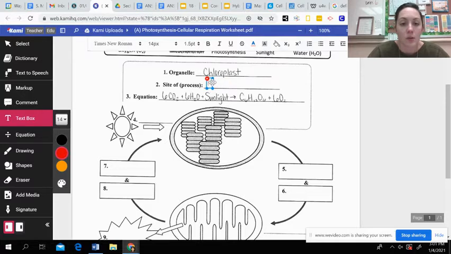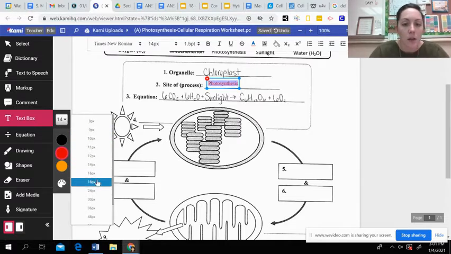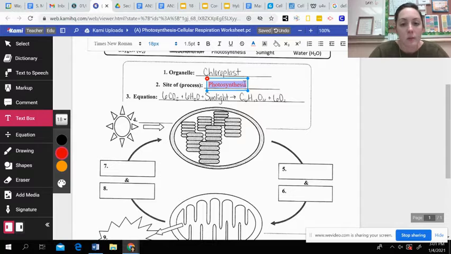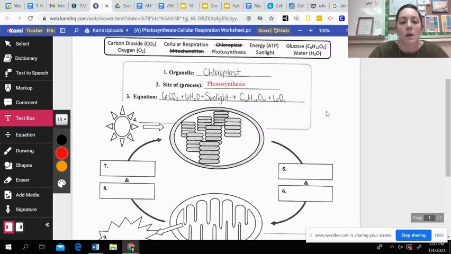So we're just going to put a little text box here, and I'm just typing in photosynthesis. Obviously, you guys should be familiar with it. You can make this bigger or smaller if you want, change the color if you would like as well. But that is this process.